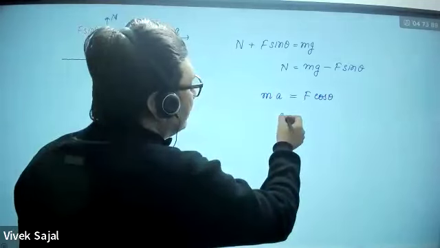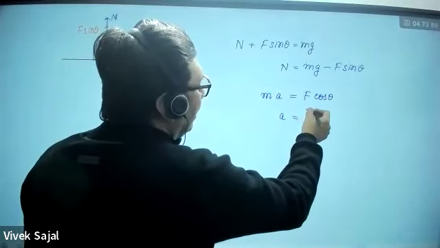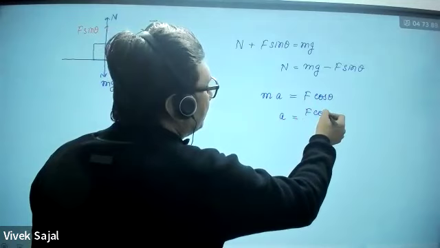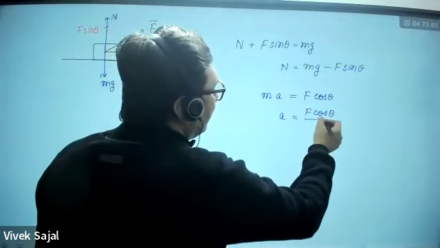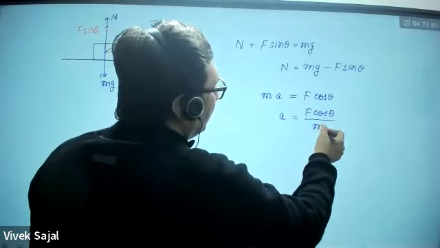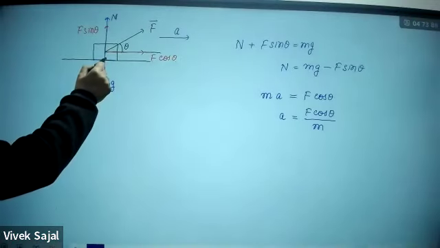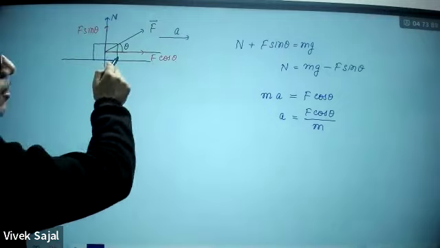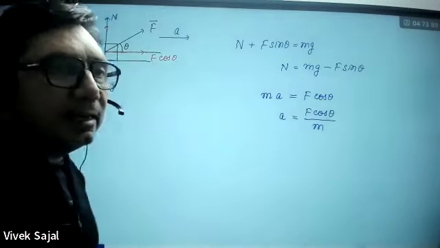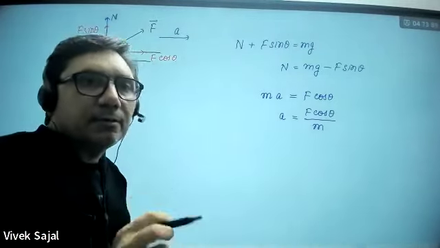So what will be the acceleration in this case? That will be F cos theta divided by m. So this is the acceleration exhibited by this block, okay? By this block, if a force F is acting on it at an angle theta with the horizontal.